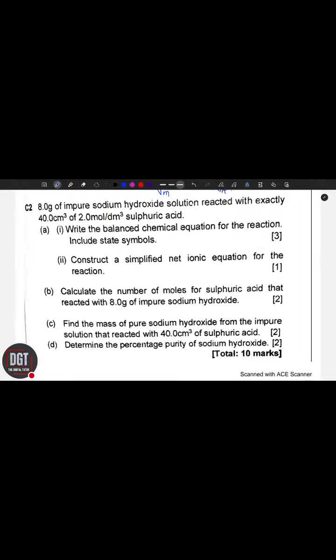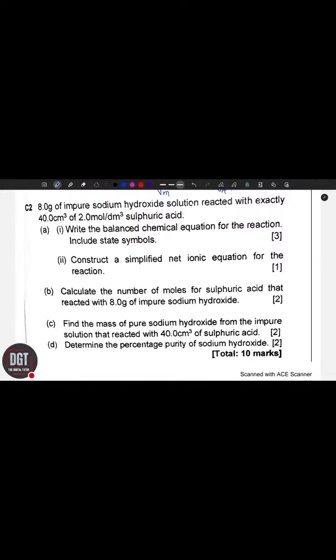So how are we going to write the balanced chemical equation here? Let me see the balanced chemical equation that you've written. Have you written it? So please invite some more of your friends.